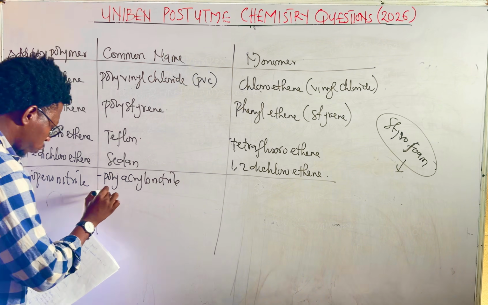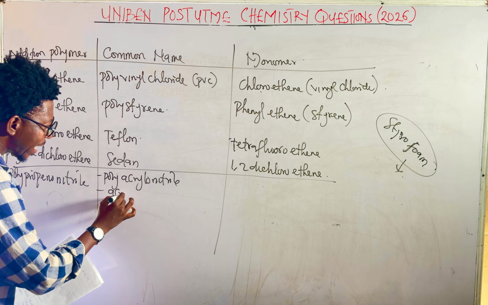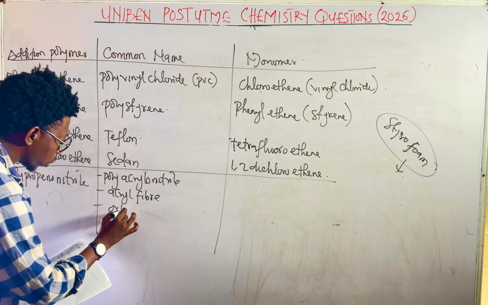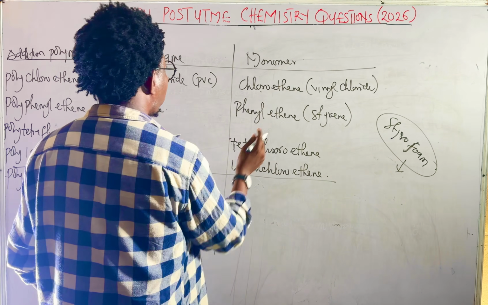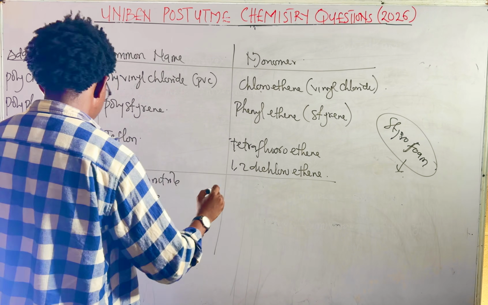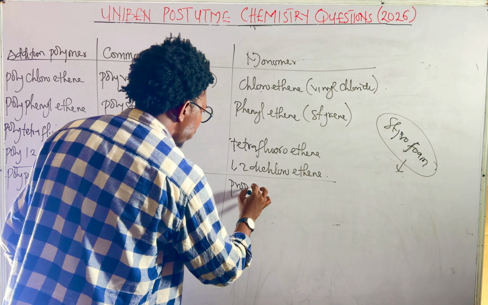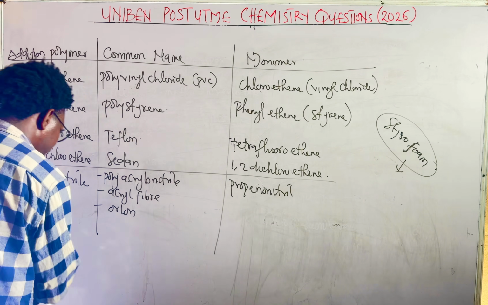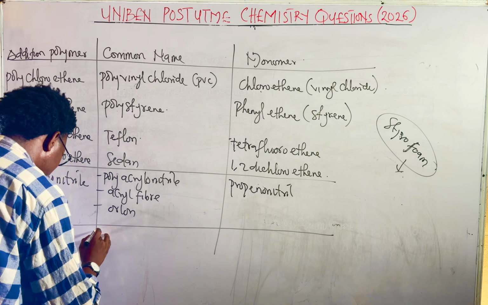We also call it acrylic fiber. We can also call it Orlon. The monomer is propenenitrile.